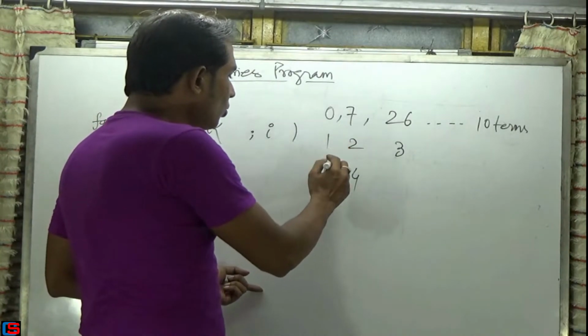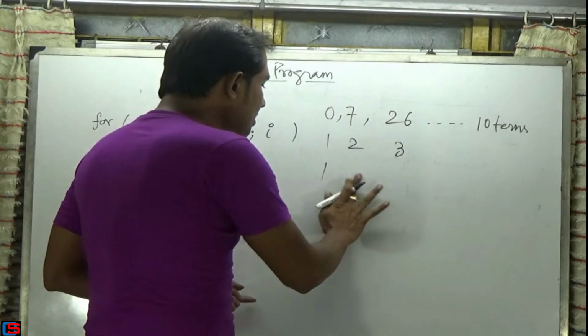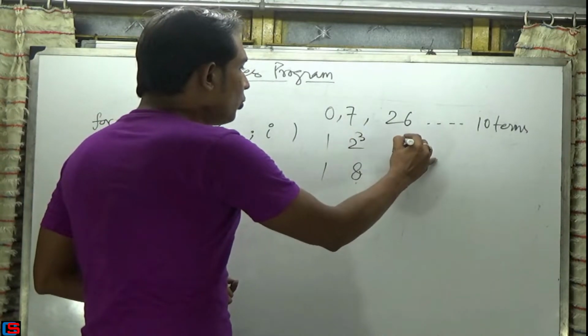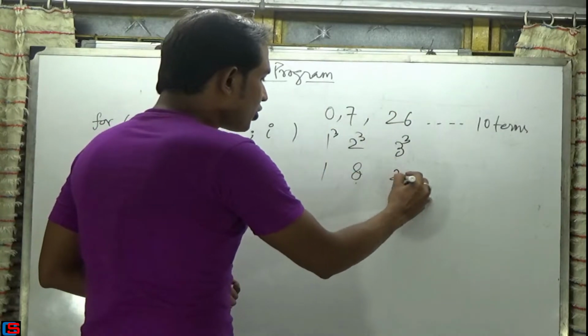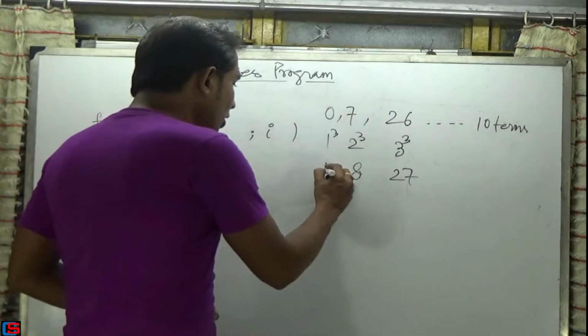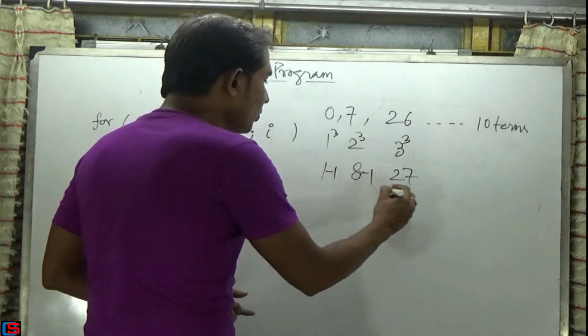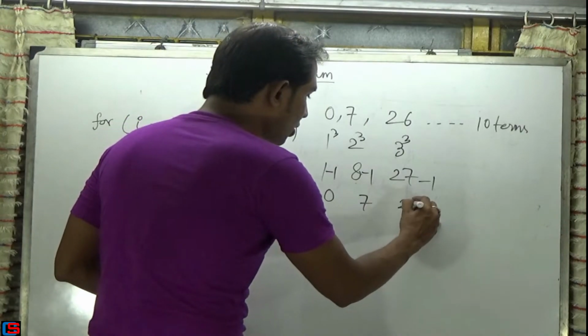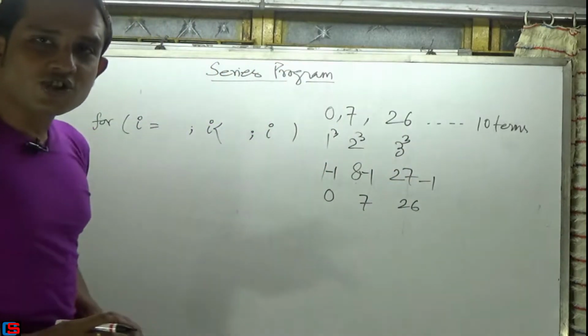So 1 squared is 1, 2 cubed becomes 8, and 3 cubed becomes 27. After generating these numbers, if I subtract 1 from each individual number, then it becomes 0, it becomes 7, and it becomes 26. So this series is generated.